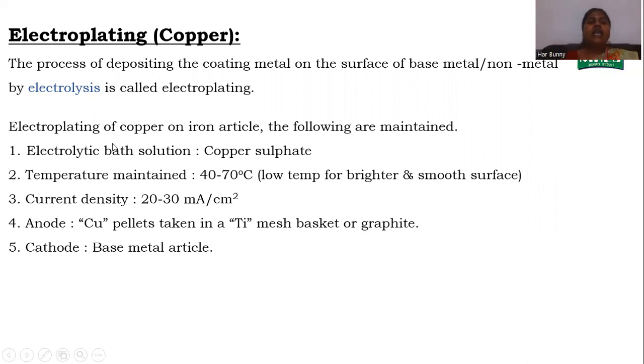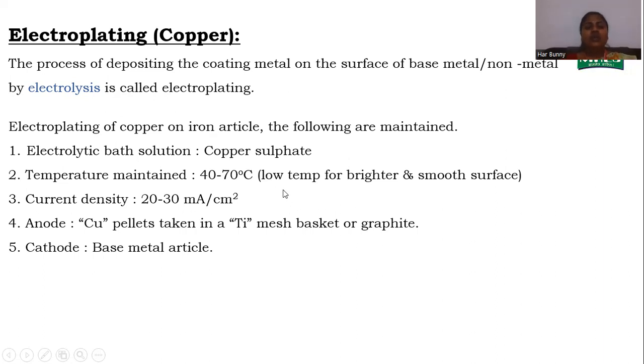Here the electrolytic solution is copper sulfate and the temperature maintained is 40 to 70 degrees centigrade. Very low temperatures have to be maintained to get a smooth surface of copper coated on the iron metal. And for the current density, electrolysis means definitely we need a direct electrical current source.